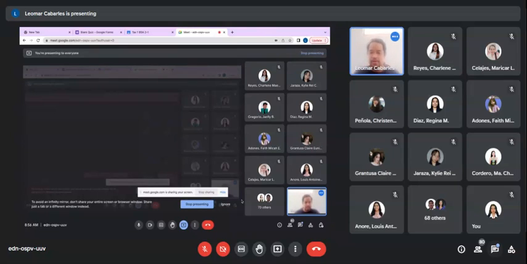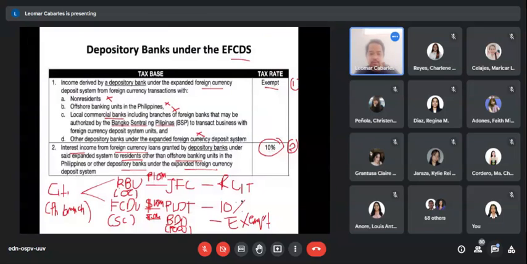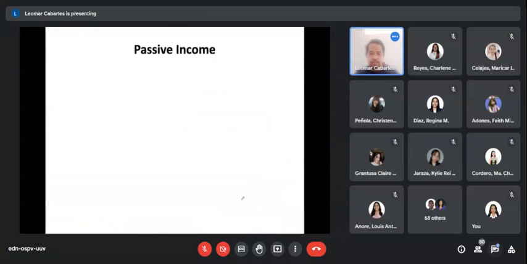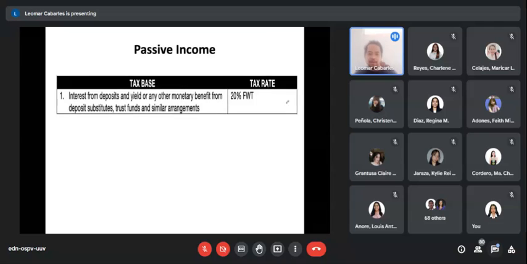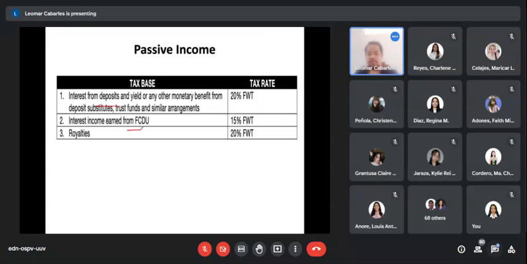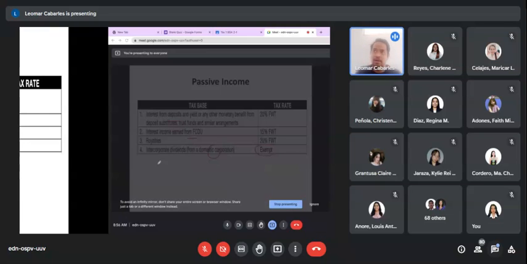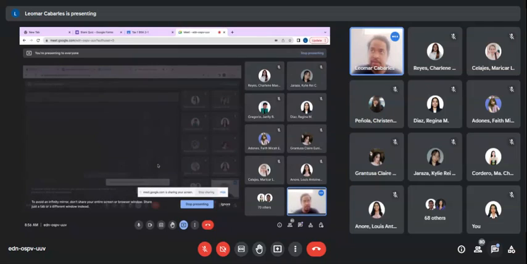So, okay. For passive income, so pag interest sa deposit, 20%. Pag FCDU, 15%. Royalty, 20%. Intercorporate, from domestic corp, exempt. Hindi ko na sinama yung galing sa foreign, kasi pag foreign company ka naman, exempt yun, di ba?